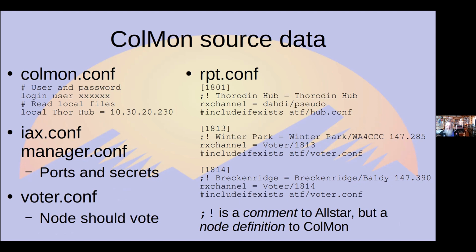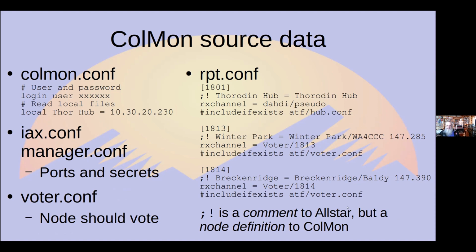And then this line with the semicolon exclamation is then the configuration to integrate this into CallMon. So basically the name on the left-hand side of the equal sign is a short name that we will use for menus to refer to that particular node. And then the longer name is the one that will show up in the tables that will actually show you what the repeater is, what frequencies it's on, and things like that.